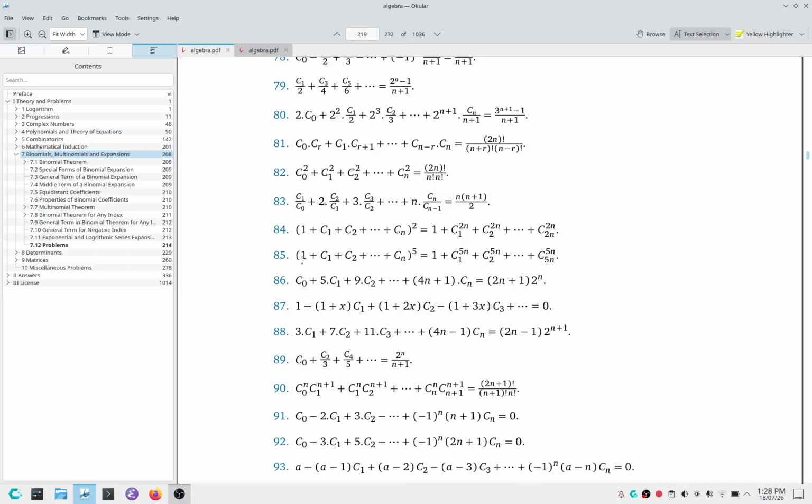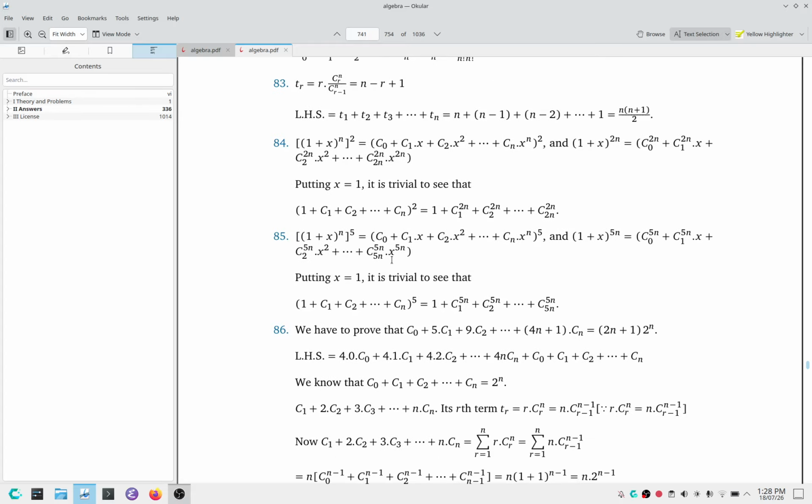Question 85 says that (1 plus C1 plus C2 up to Cn) whole to the power 5 is equal to 1 plus 5nC1 plus 5nC2 up to 5nC5n. So proceeding like the previous problem, we raise to the power 5, that is ((1+x)^n)^5, we get (C0 plus C1x plus C2x square up to Cn x^n) to the power 5, and (1+x)^5n is 5nC0 plus 5nC1 into x plus 5nC2 times x square up to 5nC5n times x^5n.